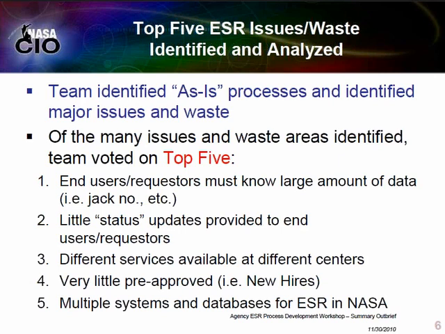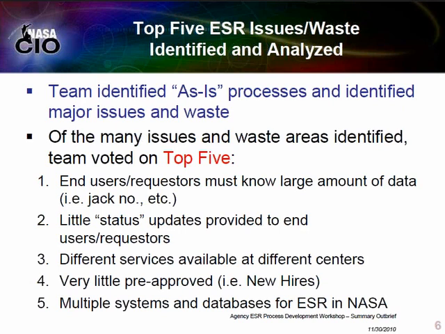There were different services available at different centers. So we discussed the opportunity to have an enterprise service catalog incorporated into this process, so a customer could go in, click the listing of stuff that's potentially available to them, and that way we've got a uniform environment. There weren't a lot of pre-approvals regarding things like new hires, et cetera, or I should say it wasn't consistent.